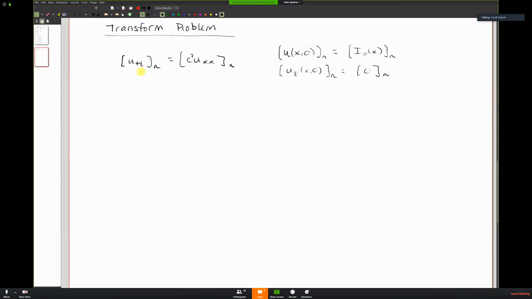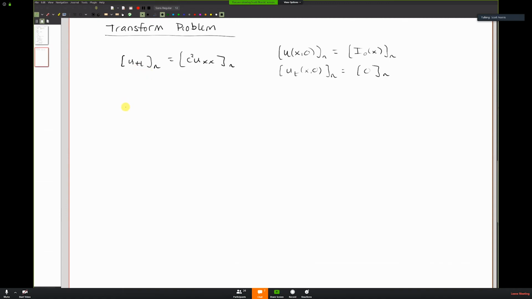So what do we have here? I have the transform, which remember is an integral in x of the time derivative. And when I have integral in x, derivative in time, x and t are independent variables, I can change that order of operations. And so instead of taking the transform of the derivative, I can take the derivative of the transform.